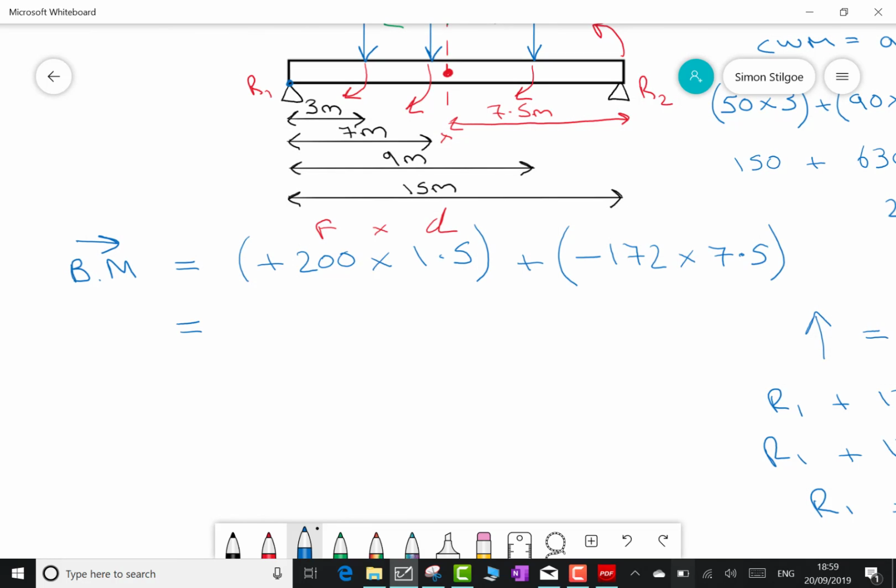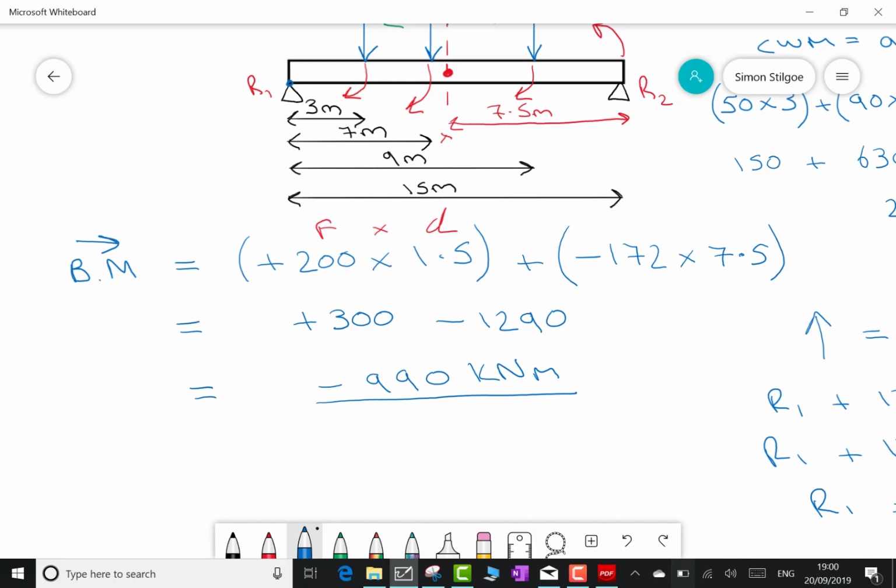If we now stick this in and simplify it down, the left-hand side of 200 times 1.5 is going to give us plus 300. And the right-hand side, watch out for the negative sign now, we've got minus 172 multiplied by 7.5, so that's going to give us minus 1290. If we now simplify that, 300 minus 1290 is going to give us minus 990 kilonewton meters.